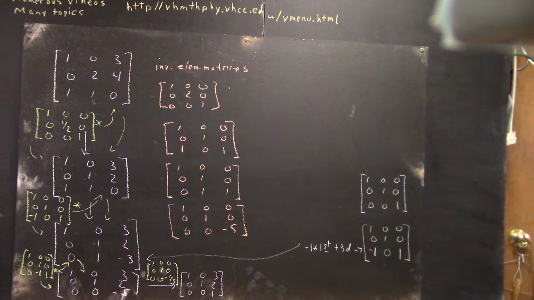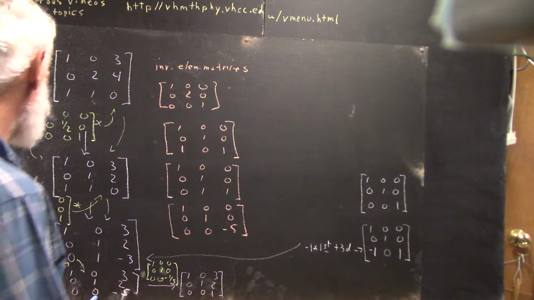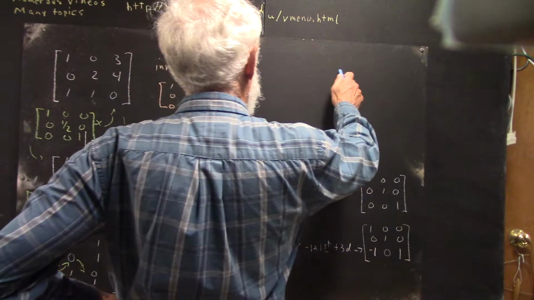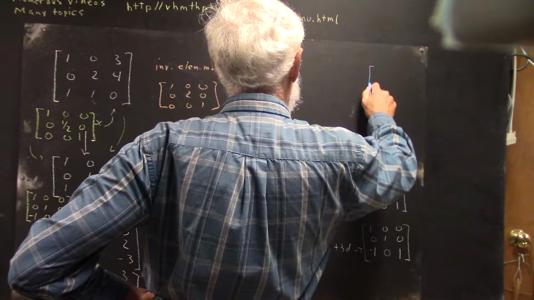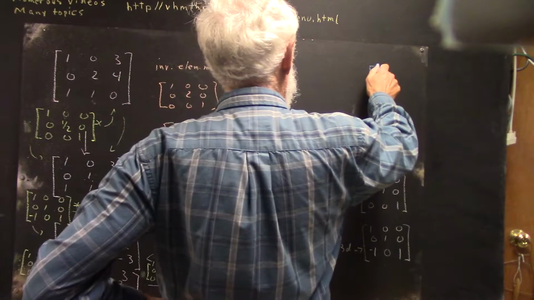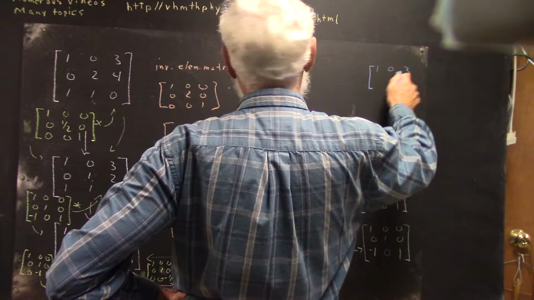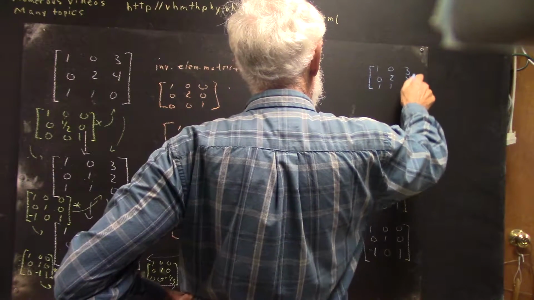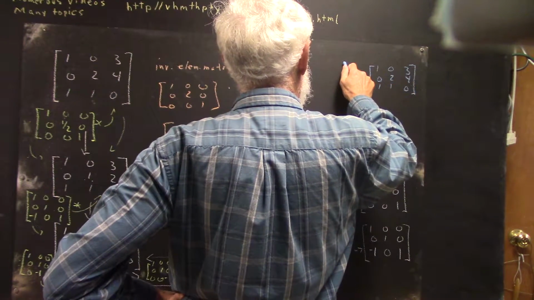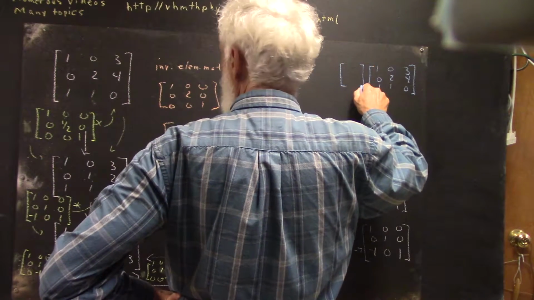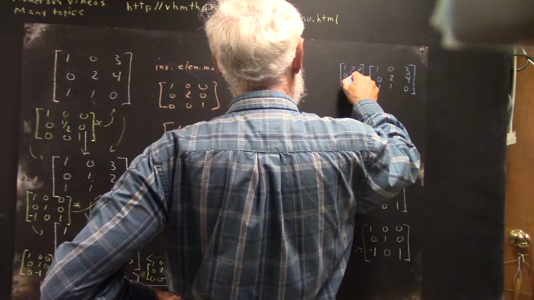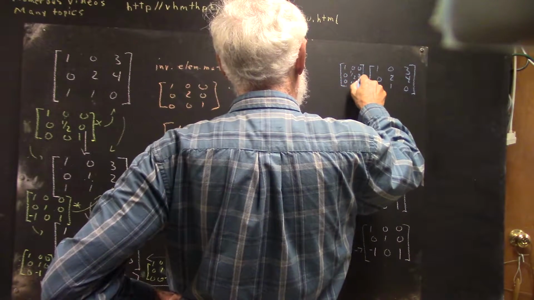So that I can write the following. Let me get a completely new color here. I can say that if I start, I've got to give myself some room here, with my 1, 0, 3, 0, 2, 4, 1, 1, 0 matrix. And the first matrix I multiply that by is 1, 0, 0, 0, 1/2, 0, 0, 0, 1.